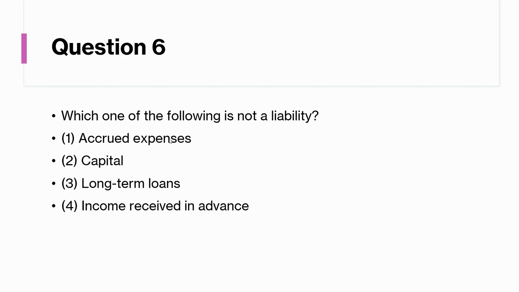What income received in advance is, is when you have received money for service that you have not rendered. So some customers can come and say, okay, I'm paying you this for January. Let's make an example with the internet services. Let's say every month you are paying 500 for internet services. But because, for instance, in this month you received your bonus, you decide to say, okay, I'm gonna pay for the next month as well, because you have money and you wanna pay for the next 2 or 3 months.